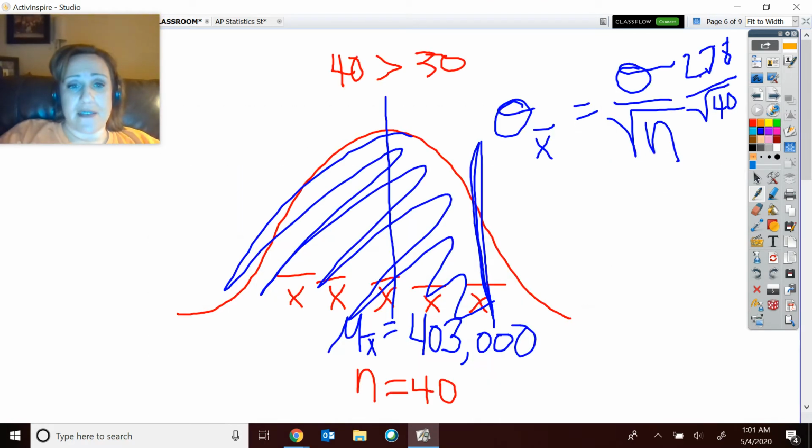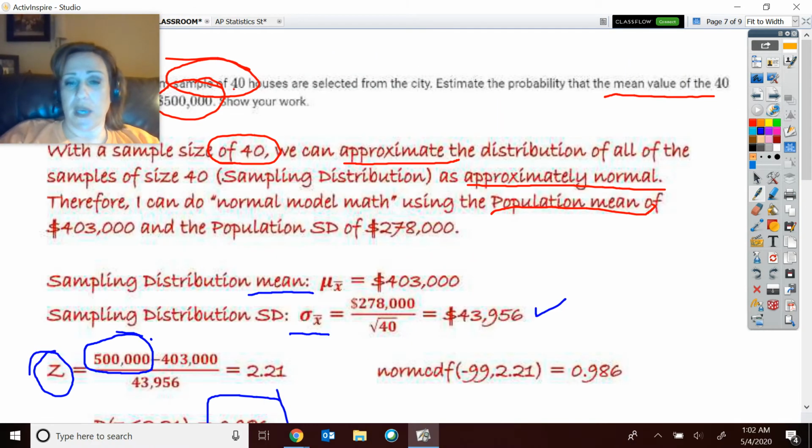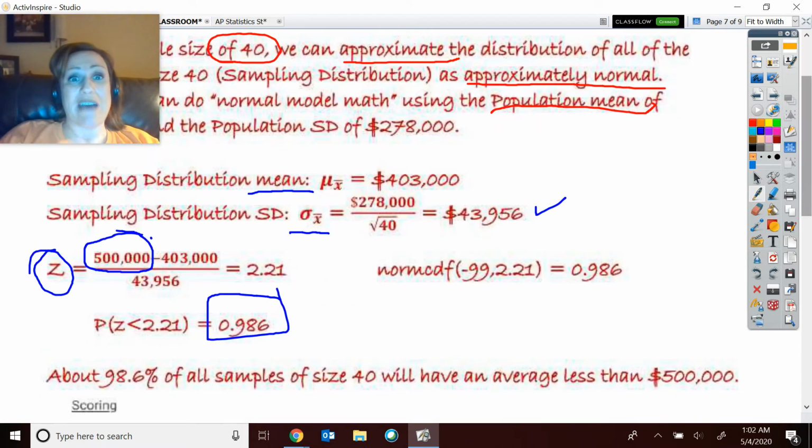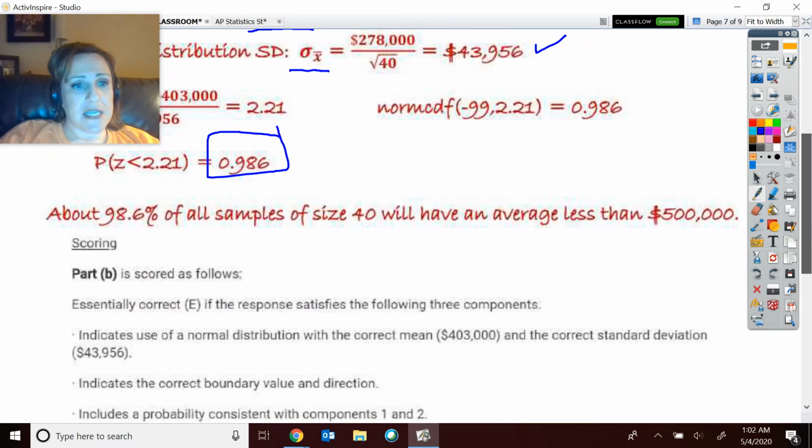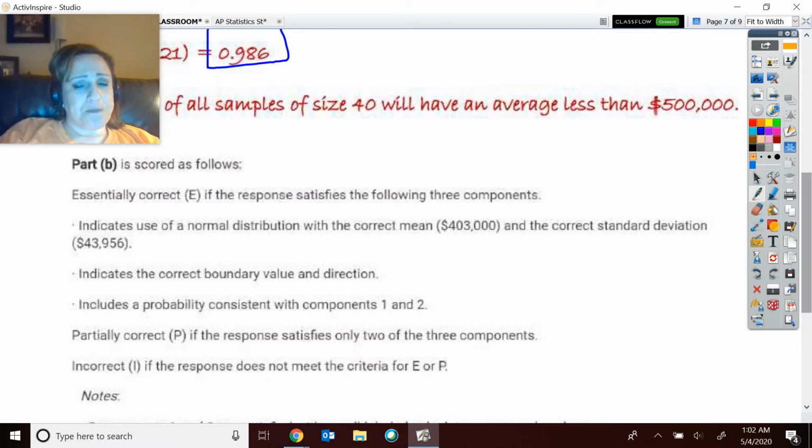But this is not talking about individual homes. This is talking about an average of 40 homes. So let's see what proportion of all of the averages of 40 homes are less than 500,000. So it was a lot more, because it took a lot to get a whole average higher than 500,000. All right, so there's that.